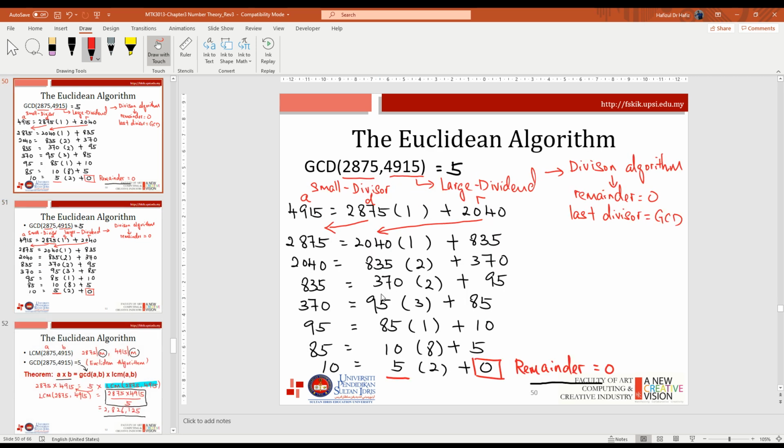Okay, same goes here. We continue until the last divisor is the GCD and the remainder is 0.